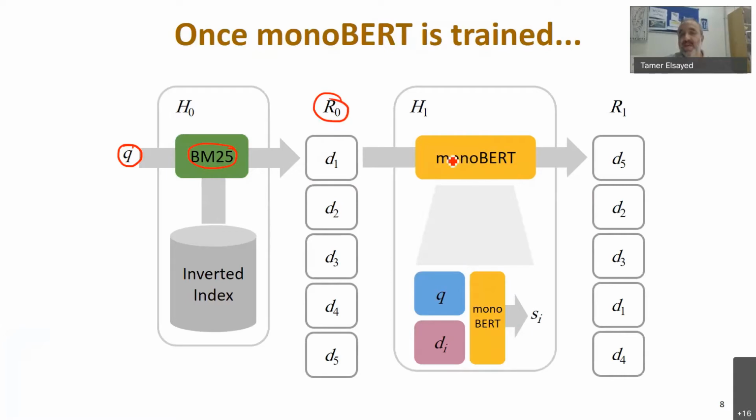If you remember, the second phase doesn't take a list, right? It's pointwise. It takes each document, pairs it with the query to get a score for that document independent of the other documents. Now, if we do that for all these documents in R0 and then re-rank based on these scores, we'll get this final ranked list, which is R1.